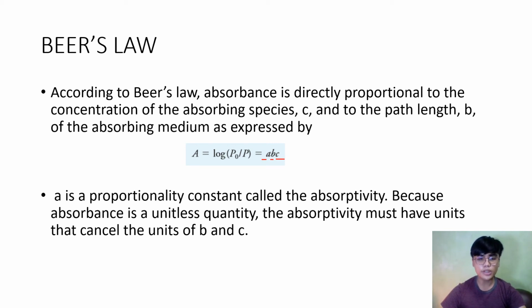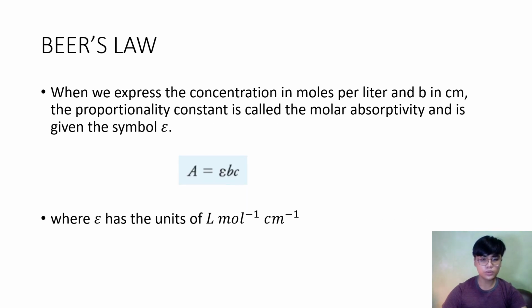Because absorbance is a unitless quantity, the absorptivity must have units that cancel out the units of B and C. When we express the concentration in moles per liter and B in centimeter, the proportionality constant is called the molar absorptivity and is given by this symbol. So the equation is absorbance is equal to molar absorptivity times path length in centimeter and concentration in moles per liter, where the molar absorptivity has the units of liter per mole times centimeter.